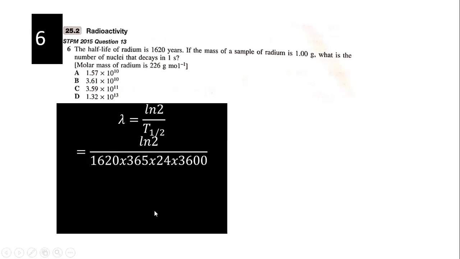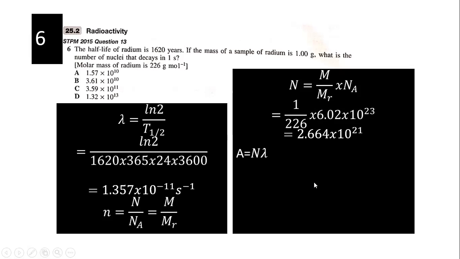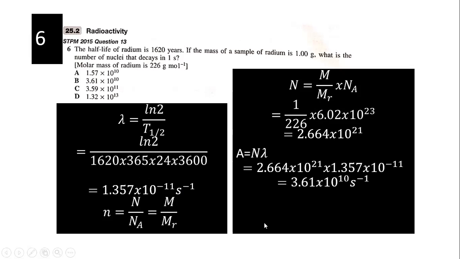Or 60 times 60. Calculate your lambda. Then after that, use your number of moles formula. Calculate your number, take Na across there. Then put in your value, right? 1 over that one times your Avogadro's number to calculate N. Then multiply your N times your lambda. Answer is B, boy.